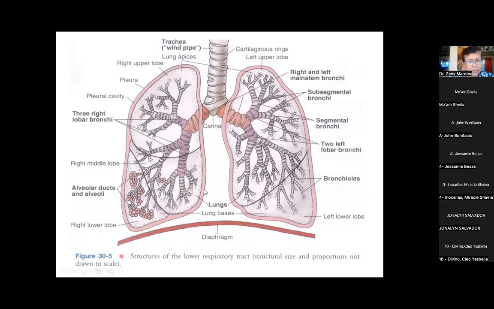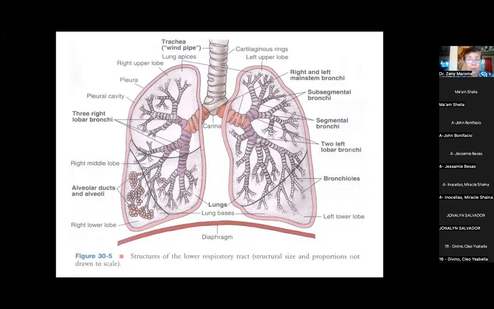And the pressure inside the lung is called intrapulmonic pressure. As you would see here, the right lung consists of 3 lobes, and the left lung consists of 2 lobes, the upper and the lower lobe.